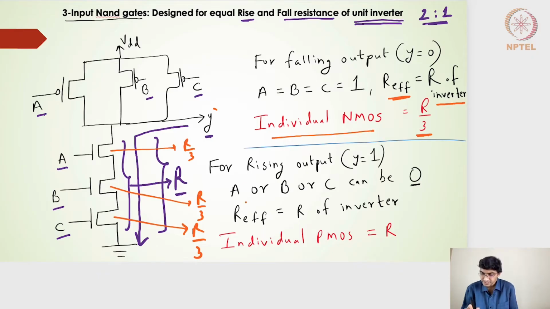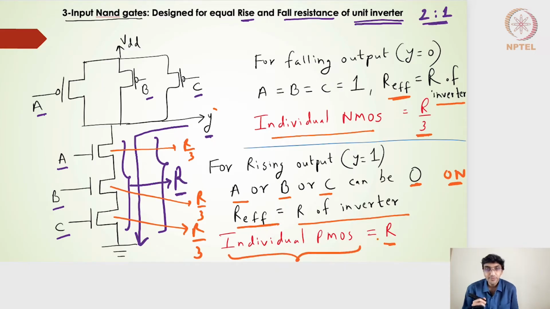So in that case, A or B or C can be 0. That means the PMOS transistor is on, since an input of 0 represents that the PMOS transistor is on. R effective in that case should be equal to the R of the inverter. So the individual PMOS in that case should give me a switching resistance of R.